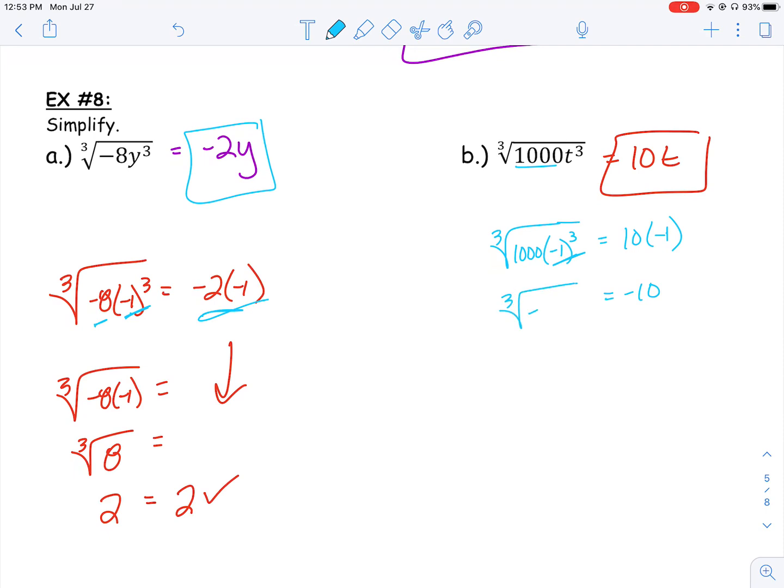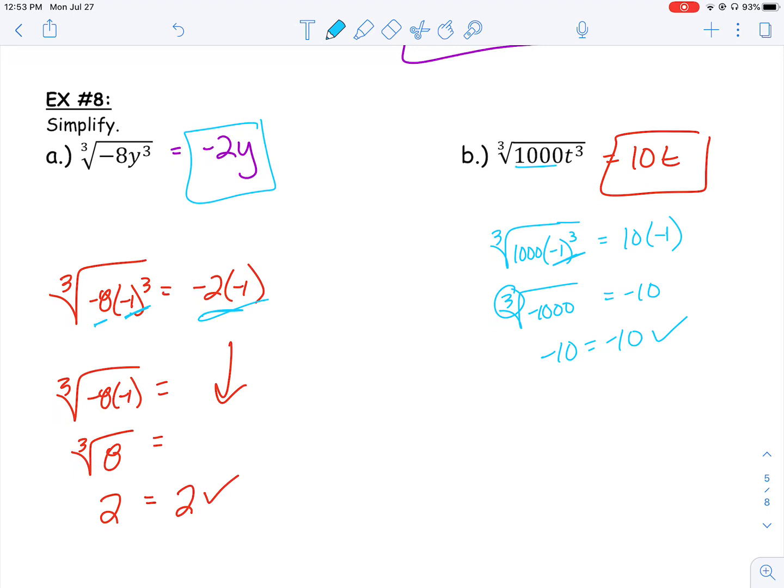Negative 1 times 1,000 is negative 1,000. What number multiplied by itself 3 times gives me a negative 1,000? As long as I'm underneath the cube root, I can be negative, and it looks like my answer is negative 10. And negative 10 does equal negative 10. So if I put absolute values, I'd actually have the wrong answer, right? I need to make sure that I don't have absolute values on this one in order to make it true.